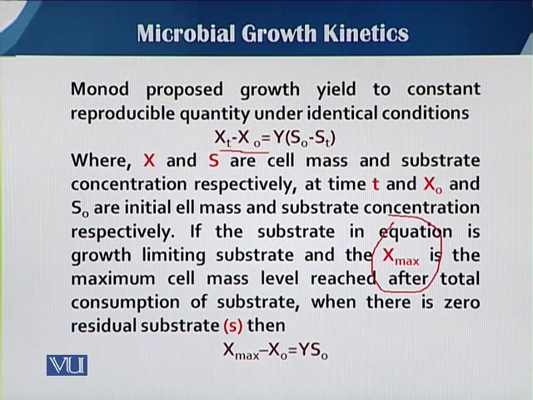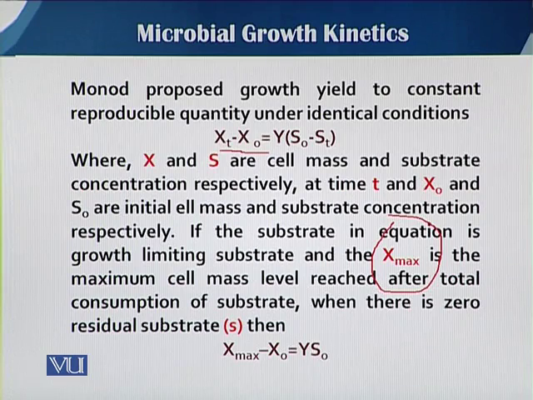Sometimes the media does not contain only a single substrate; it has a number of substrates, such as carbon source, nitrogen source, and other micro and macronutrients. Sometimes any one of these nutrients becomes limiting, due to which mu or growth can be affected. So mu max is only achieved when there is no limiting substrate.